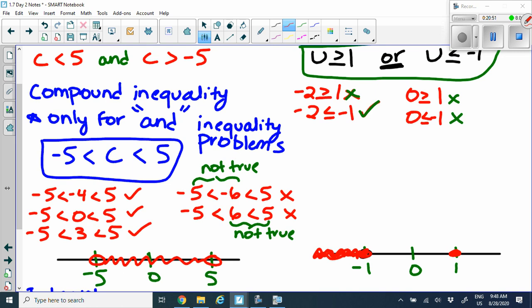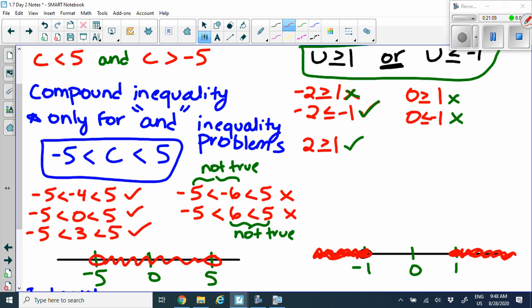Okay, let's try on the other side. Let's try 2. Is 2 greater than or equal to 1? Yeah. Okay, so it satisfied at least one of those. So we can shade there.